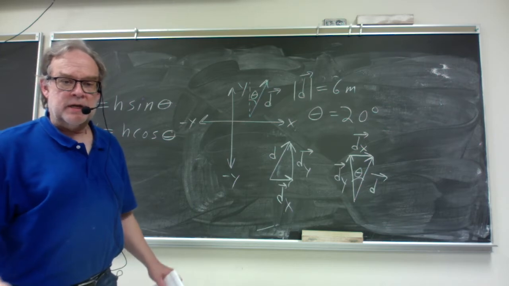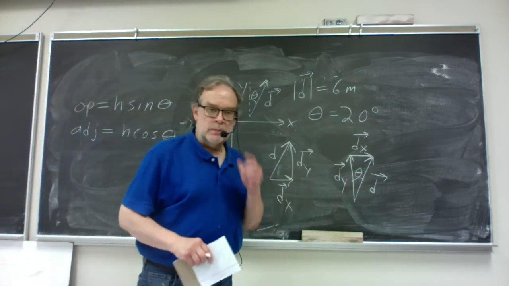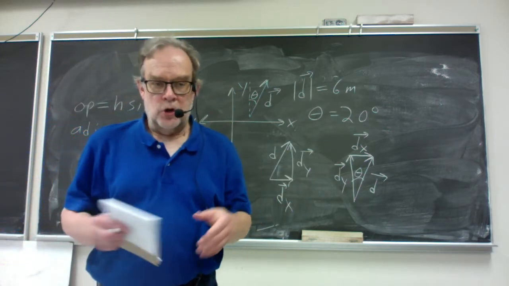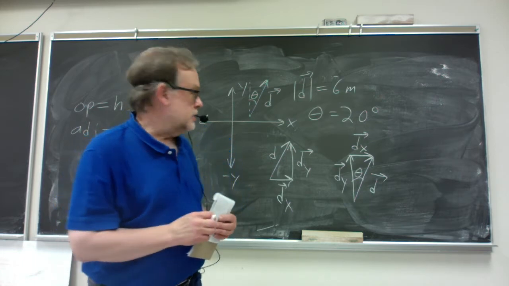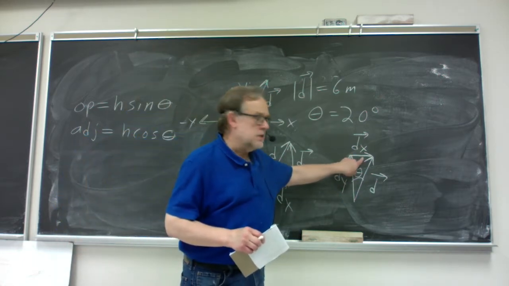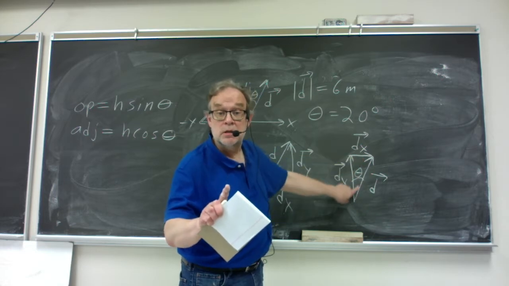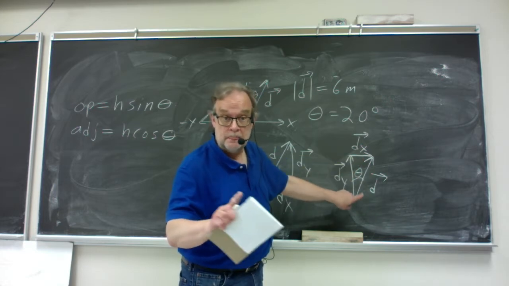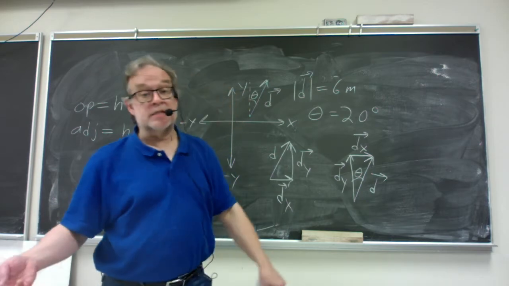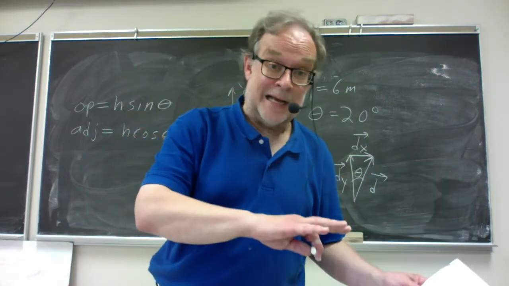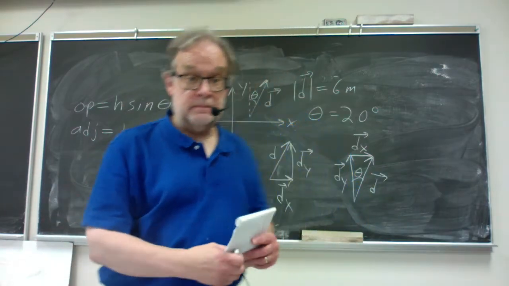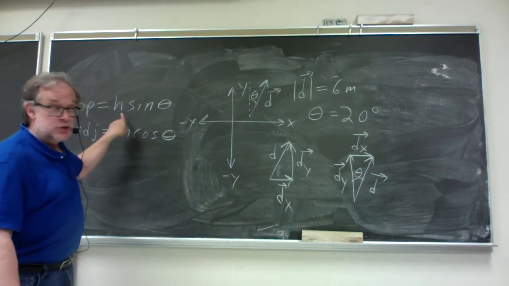So let's figure out the x component first. It points in the positive direction, so the numerical value of that x component is just equal to the length of this side, which is now, in this case, the side opposite to the angle that we're using. Since it's the side opposite, we have to use sine, not cosine. We're using this rule.